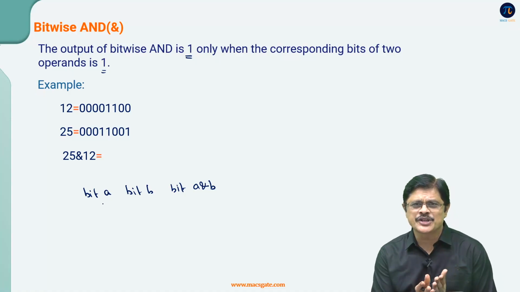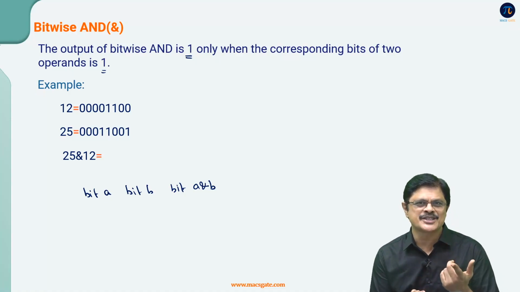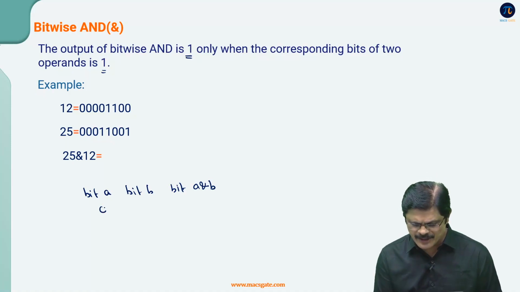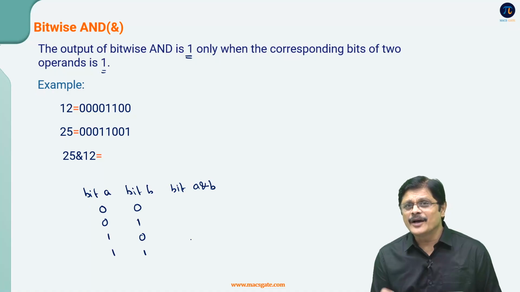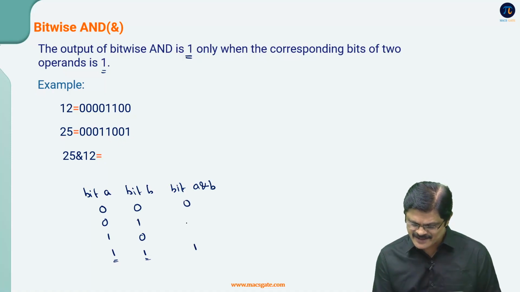For A there are two possibilities, it can be either 0 or 1. Similarly, the bit position of B can be either 0 or 1. So, there are 4 possibilities: 0 0, 0 1, 1 0, 1 1. The bit of A and B is 1 only when the bits of A and B are both 1, otherwise it is 0.